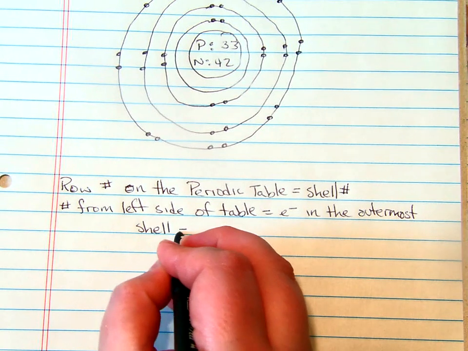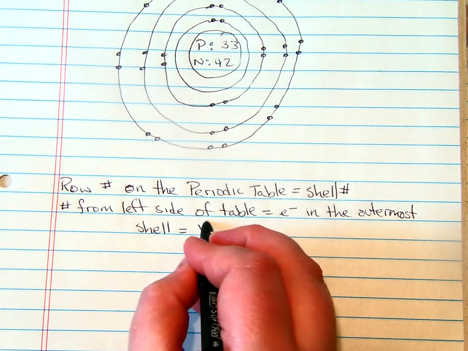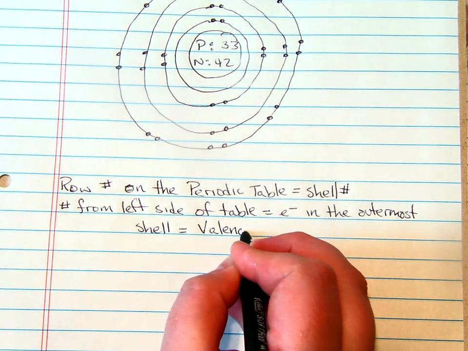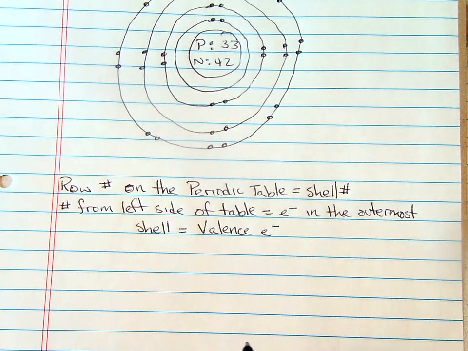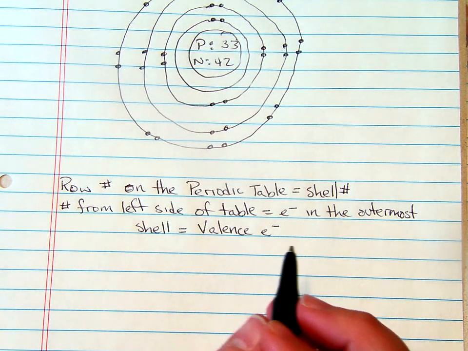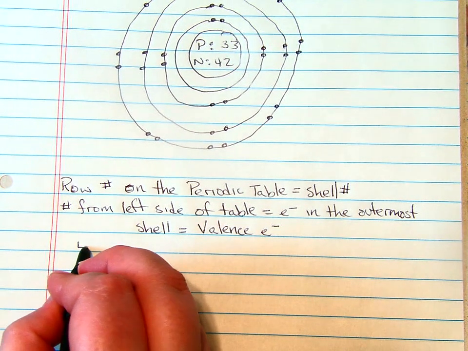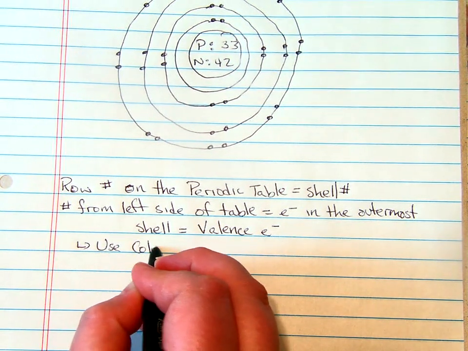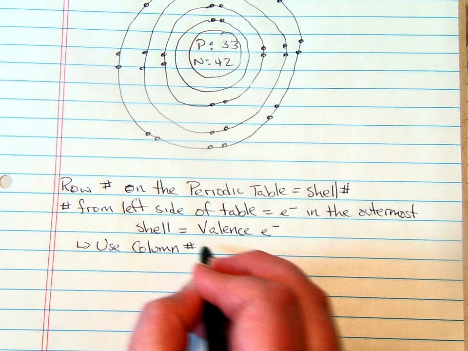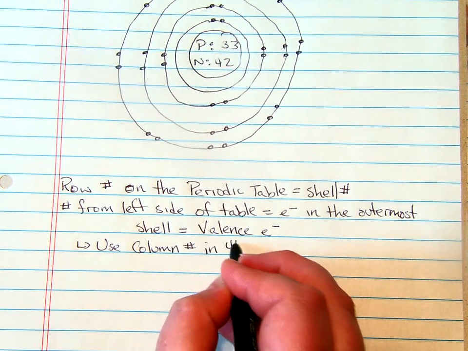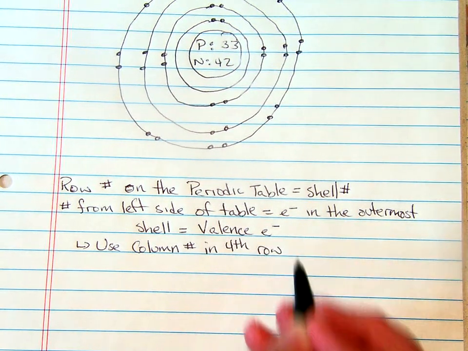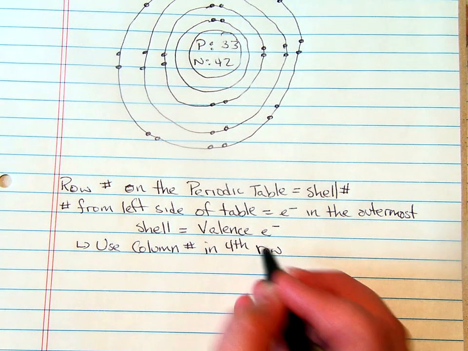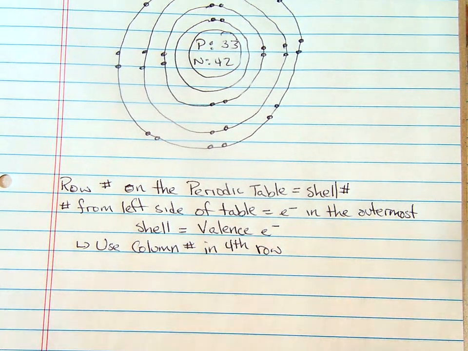Or we often call this the valence electrons. And a trick that you can use with this is you can use the column number in the 4th row. But remember, we can only use it with the 4th row because only the 4th row goes all the way across.